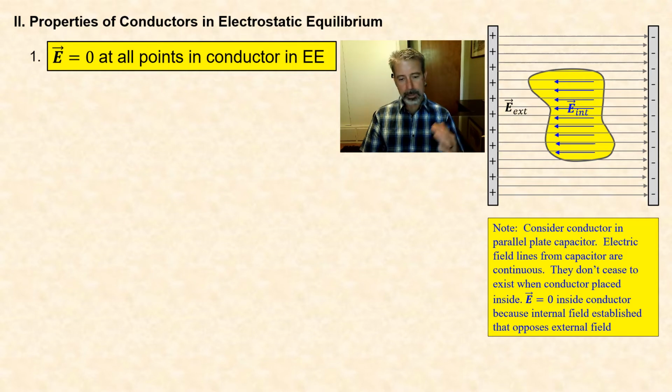Remember, the electric field is a vector quantity, and you can have field cancellation rather than field disappearance. So let's take a look at a very simple and elegant proof of this property here.